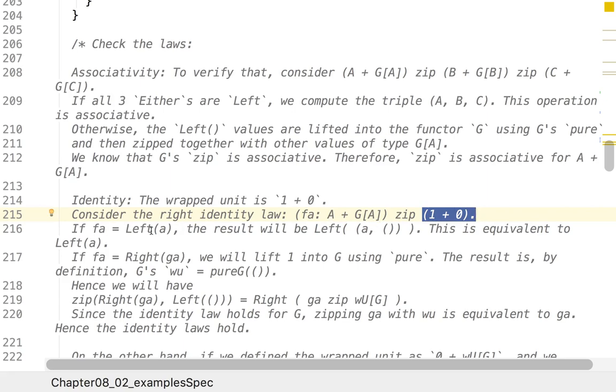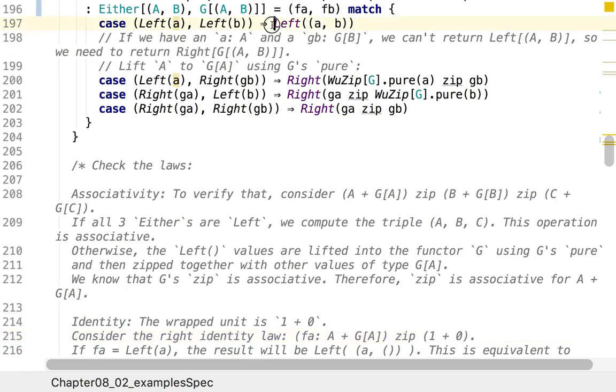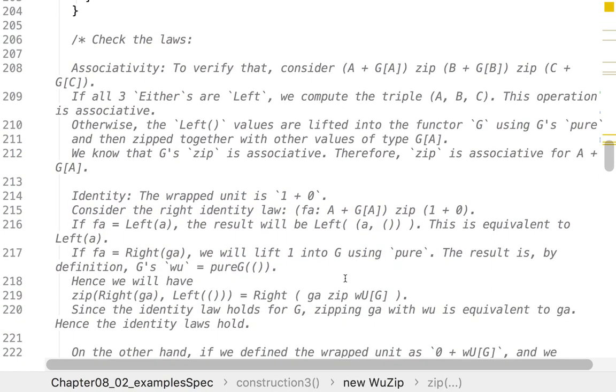Now, if FA is on the left, then the result will be, according to our definition, this, which is going to be Left of A and the unit. And that's equivalent to Left of A, according to our convention, because we can always add or remove units from the tuple. And so then the result is this, which is equivalent to that. So that's the identity law.